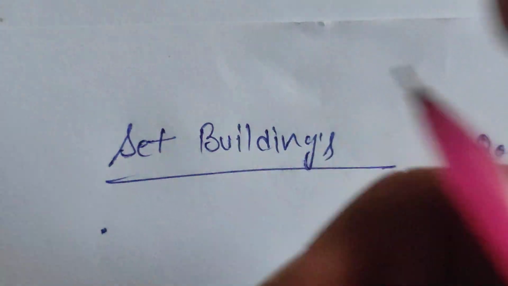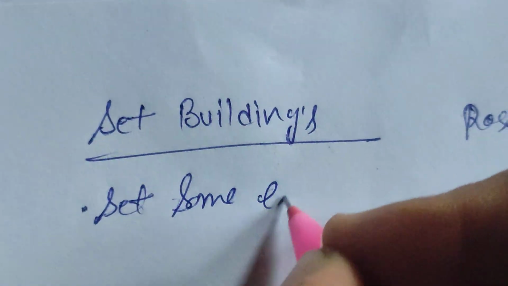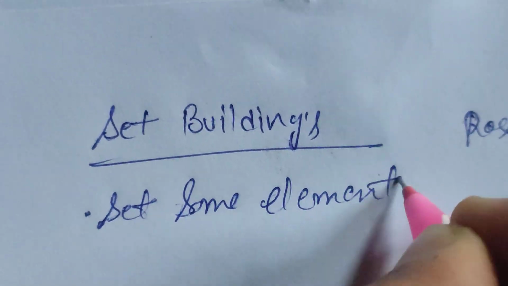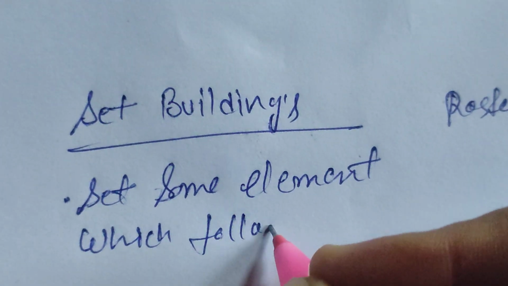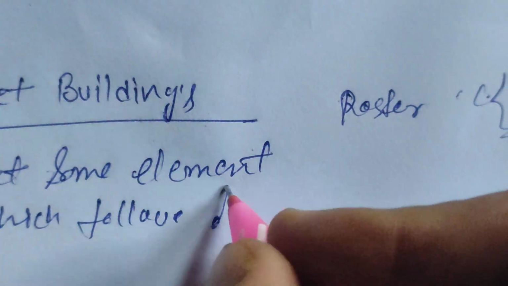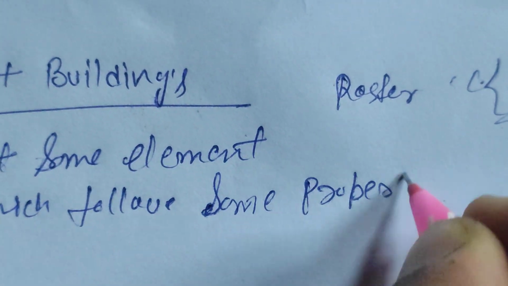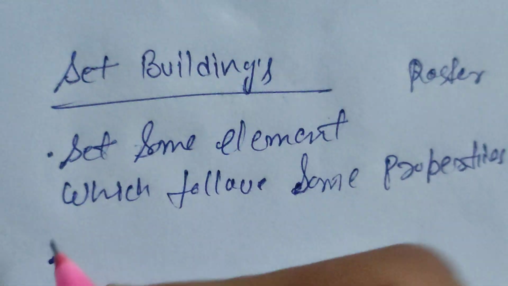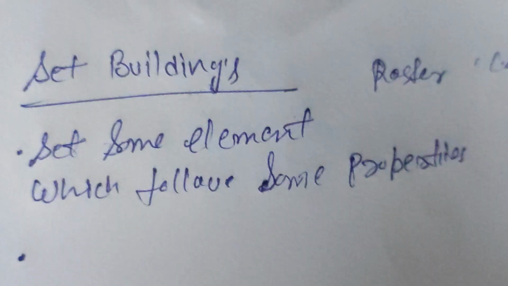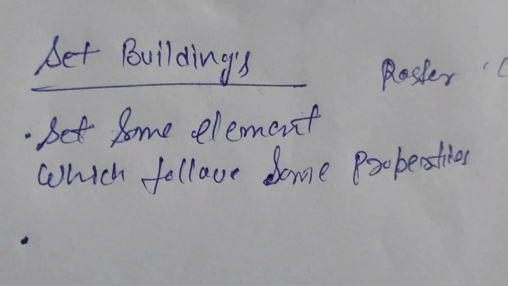So we know that a set is made of elements which follow the same properties. Since they follow the same property, it means they follow the same rule.